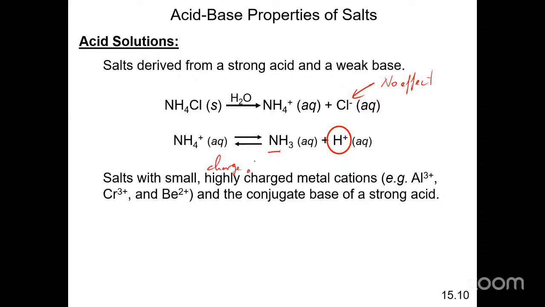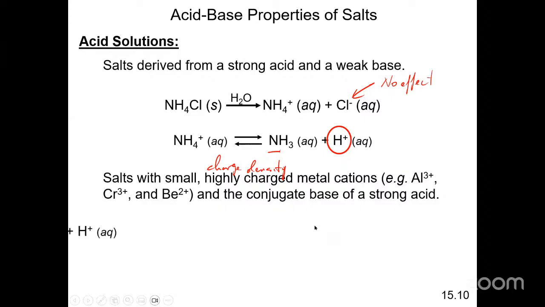So if the ion has a very high charge density, in other words, it's small and has a relatively large charge, then you'll find that these solutions tend to be acidic as well, right? Along with the conjugate base of a strong acid it is combined with, right? So those types of compounds, when added to water, will also produce an acidic solution, all right?